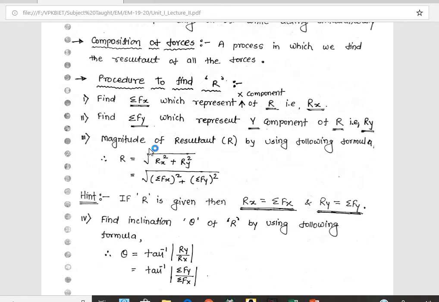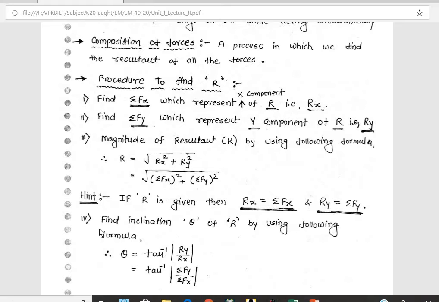In step number 3, calculate the magnitude of resultant R using the formula: R is equal to square root of Rx square plus Ry square, or summation Fx square plus summation Fy square. If R is given, then Rx is equal to summation Fx and Ry is equal to summation Fy.